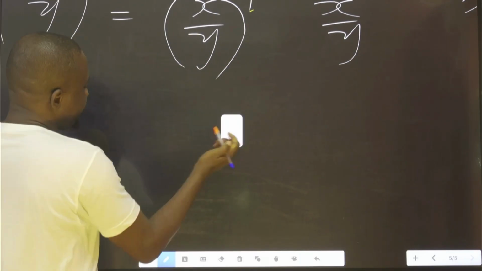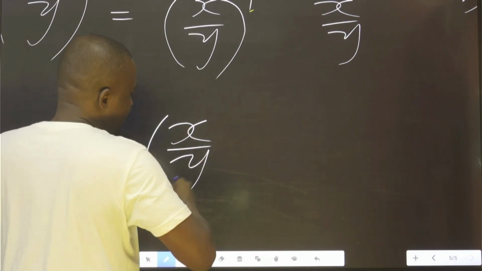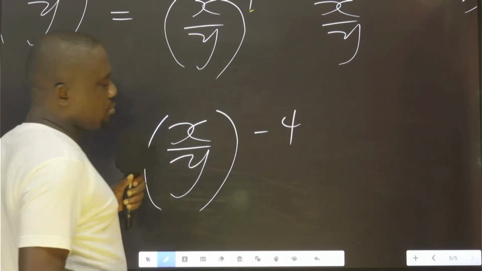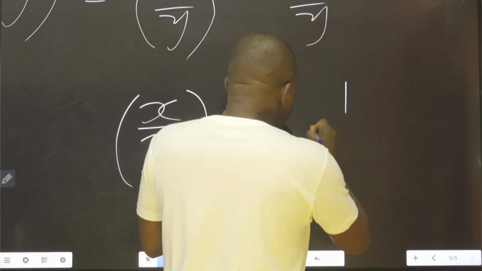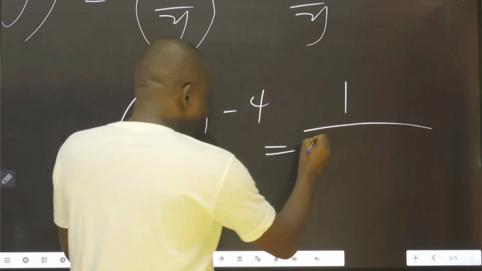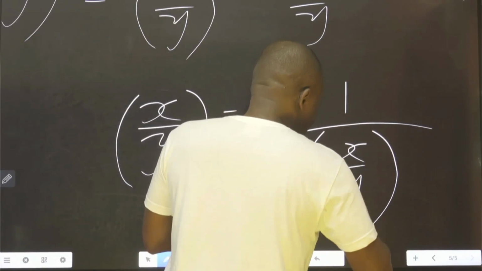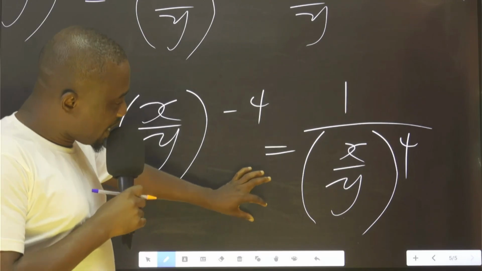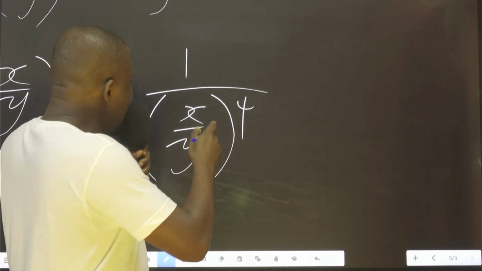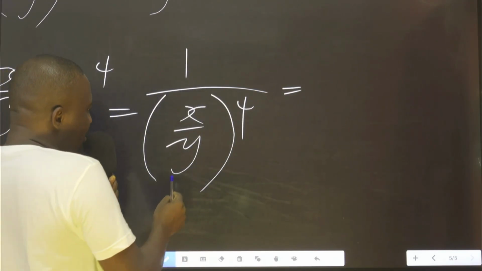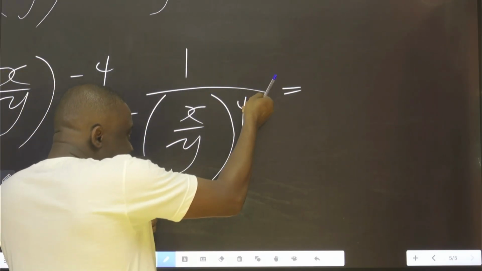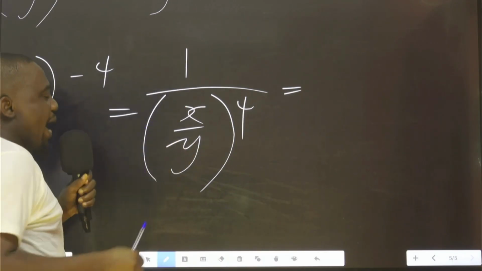Let's push it further. If I have something like this, minus 4, for instance, this minus simply means 1 over. Every other thing still remains the same. This means that this 4 is being shared by x and y.